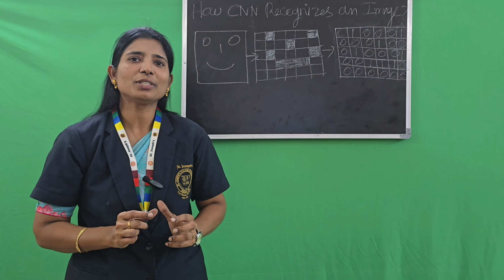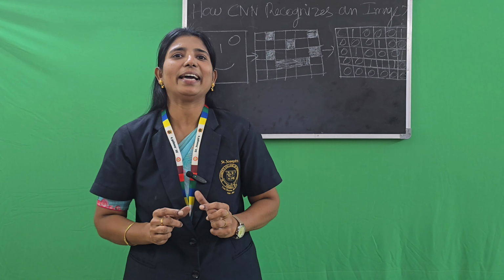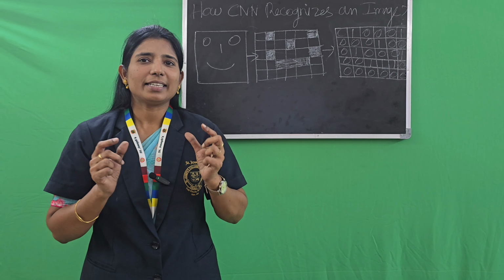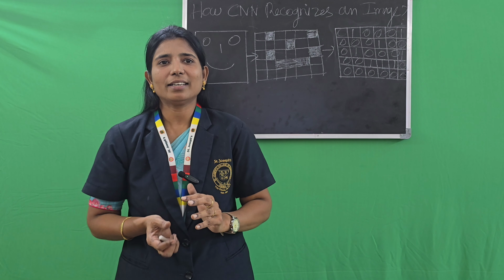So in this way, the input layer takes the image, changes it into pixel values, and sends it to the next layers to find important features.